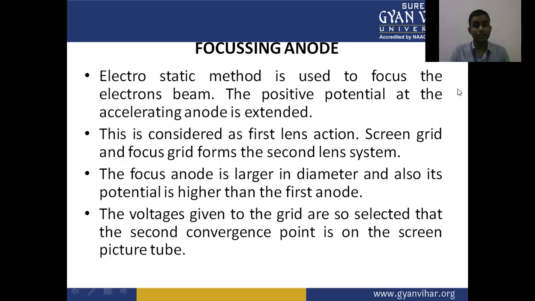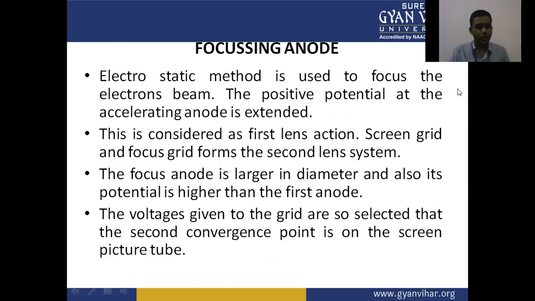The electrostatic method is used to focus the electron beam. The positive potential at the accelerating anode is extended. This is considered the first lens action. The screen grid and focus grid form the second lens system.